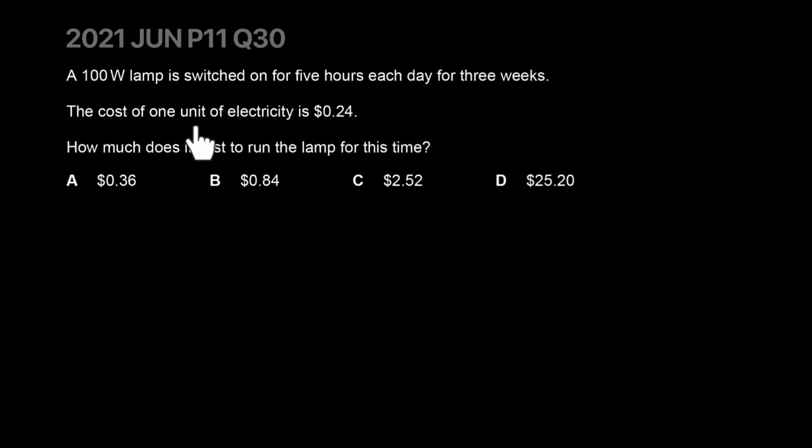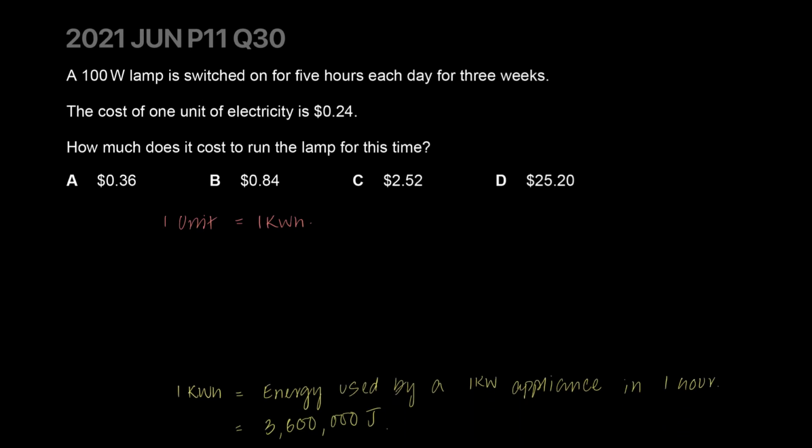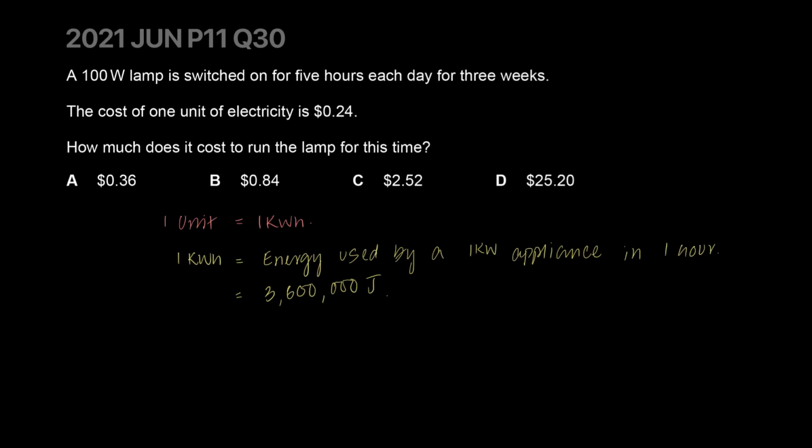So we want to figure out how much is a unit of electricity. A unit is the same as 1 kilowatt hour. What's a kilowatt hour? It is the energy used by a 1 kilowatt appliance, a lamp, anything, in 1 hour.